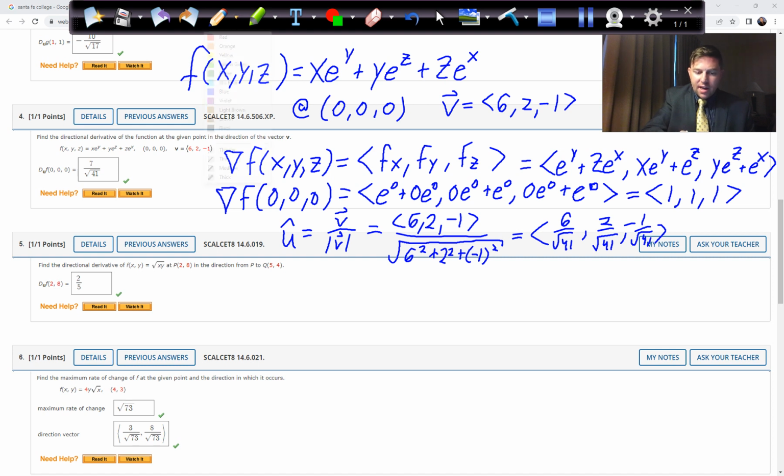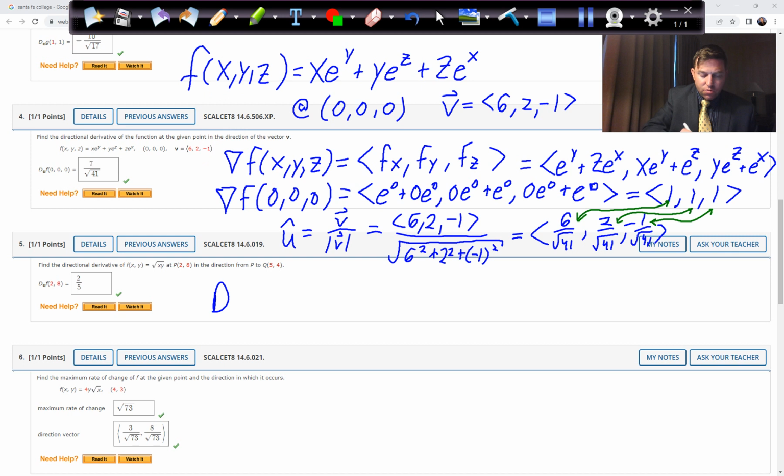But we're dotting that with just a bunch of ones. So it's going to be 6 times this one, 2 times this one, and minus 1 times this one. So in essence, when we dot those two vectors, it's just going to be exactly the u vector spit back at us, but everything's going to be added together.